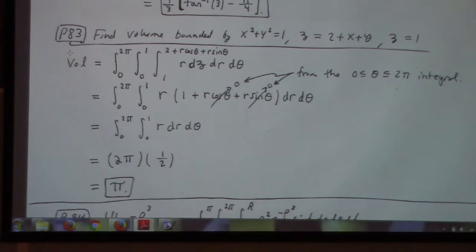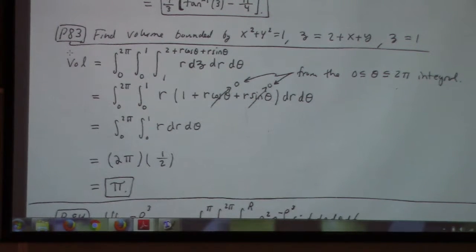Can you always just say if you have a cosine or a sine of an angle and you're integrating over the whole? Well, as long as it's not like cosine squared or cosine to the fourth, I mean, we got to be careful, right? It has to be like a naked cosine. That's right, but the integrals add, right?